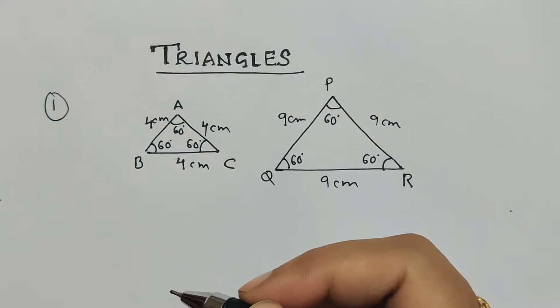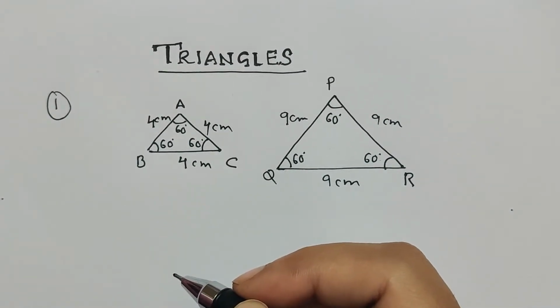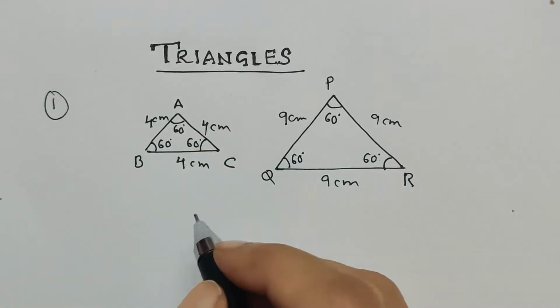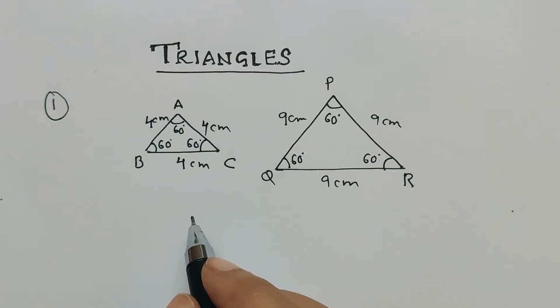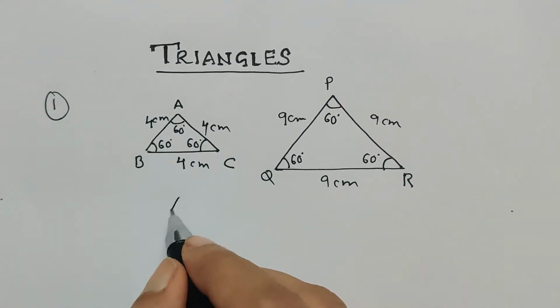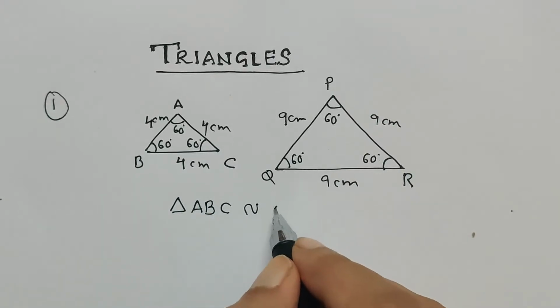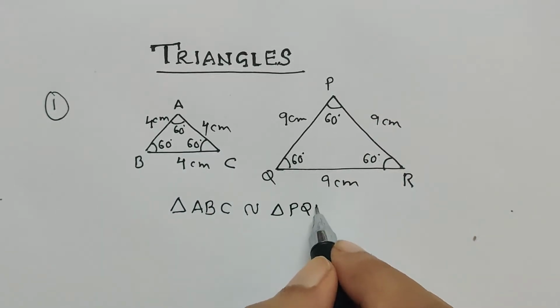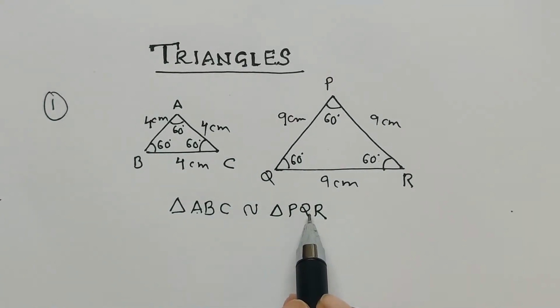Now for proving the similarity of two triangles, we have two conditions to be fulfilled. First is the corresponding angles have to be the same, and the other thing is the corresponding ratio of the sides should be equal. For example, triangle ABC is similar to triangle PQR provided the corresponding angles are equal.